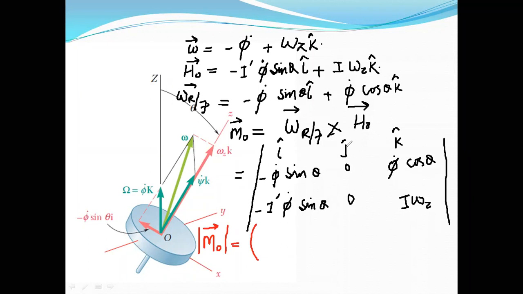So we'll only have the components along J, because if we take the cross product for the K components, this and this term again will be equal to zero.